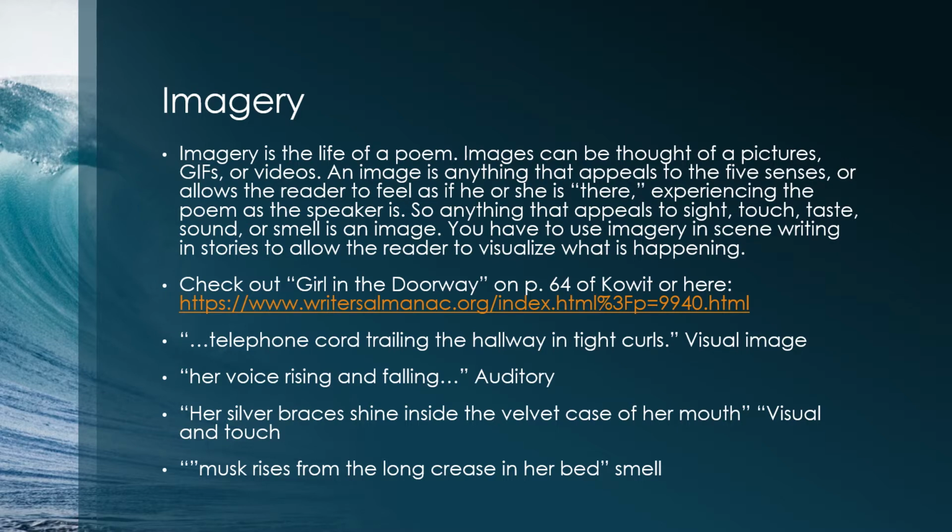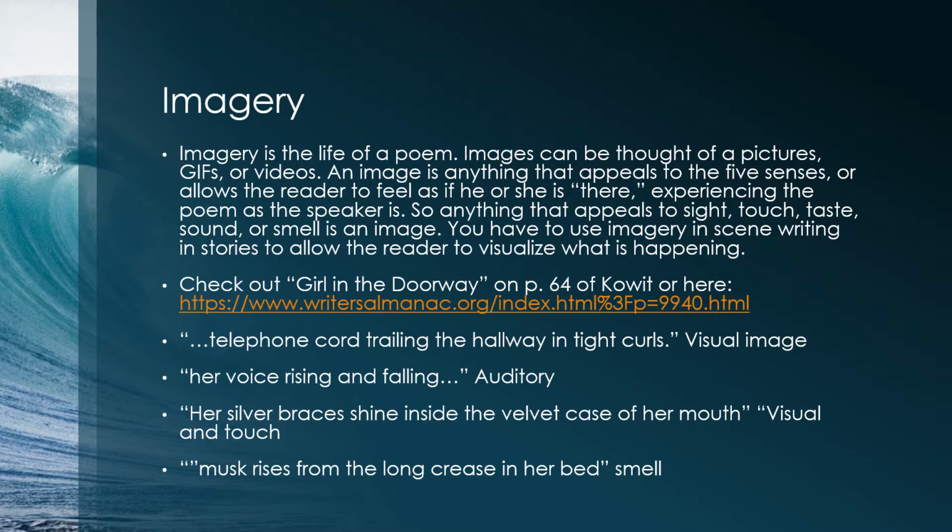The idea is images allow the reader to feel as if he or she is there, experiencing the poem or the event. In this case, you're writing a narrative as the speaker is. In a lyrical poem, you want to experience the emotion as the speaker is usually. So anything that appeals to sight, touch, taste, sound, or smell is an image.